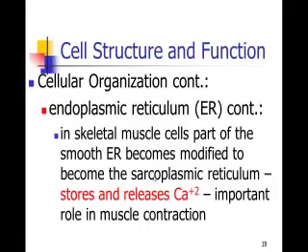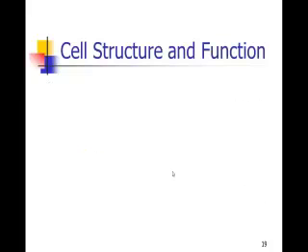During muscle contraction the calcium is released, and the calcium enables the cross fibers within the muscle to move and contract. We'll talk more about that when we get to skeletal muscle. Once the contraction is over, the calcium is pumped back into the sarcoplasmic reticulum until it's needed again.